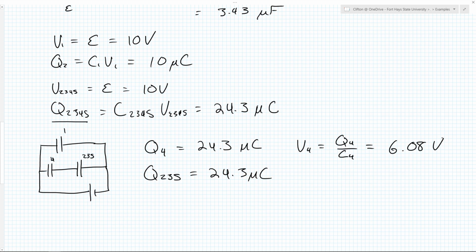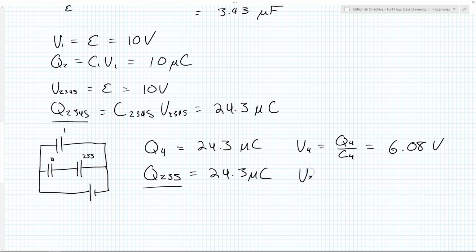I need to calculate what the voltage across this effective capacitor is, because the effective capacitor 235 represents a couple of capacitors that were connected in parallel, and when I unpack this effective capacitor into those two that are in parallel, the voltage across the effective capacitor will be the same as the voltage across each of the capacitors in parallel.